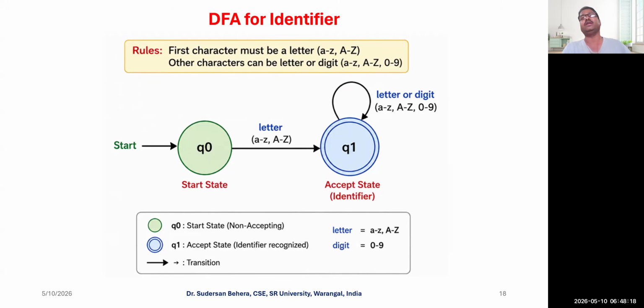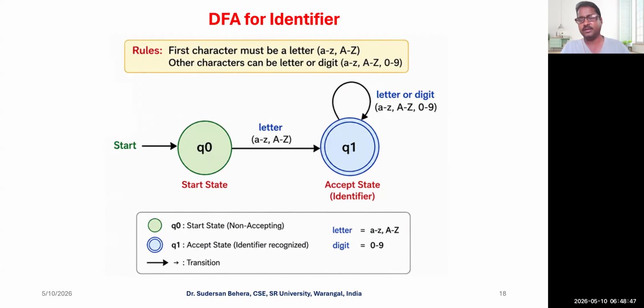It cannot start with zero, it cannot start with a digit. Rather, it always starts with a letter. It may consist of other characters, like digits and letters, but the start symbol of an identifier must be a letter.